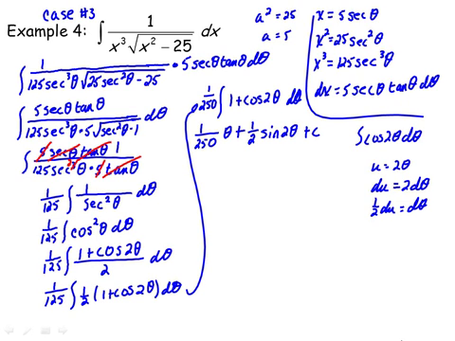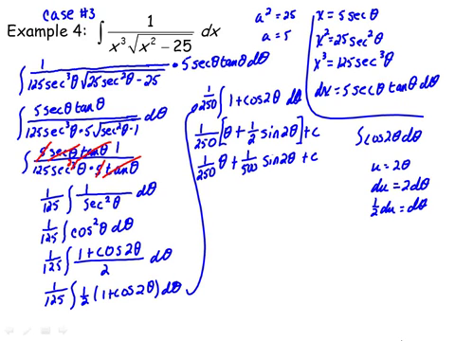All right, let's get this thing back in terms of x. All right, so we have 1 over 250. Let's go ahead and distribute that, because if I don't, I'll forget it. So that's going to be 1 over 500 sine 2 theta.